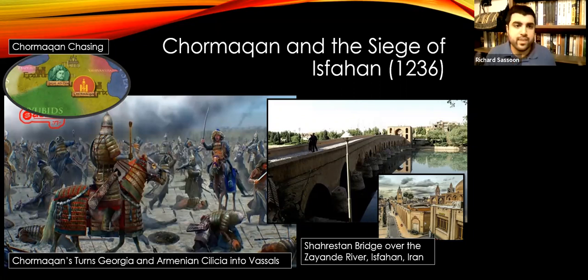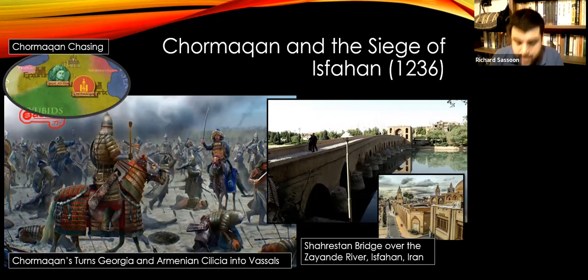And during this raid, Chormaqan gets the full submission of Georgia, and he gets the full submission of Armenia. But when we're talking about Armenia, we're talking about Armenian Cilicia, which is a territory on the Mediterranean Sea in modern-day Turkey. He gets the submission of these two groups, and then he finds that he has to go to Isfahan because there is a rebellion there.